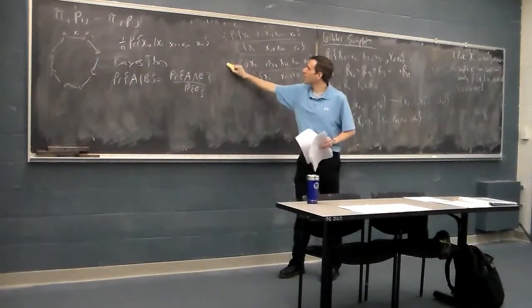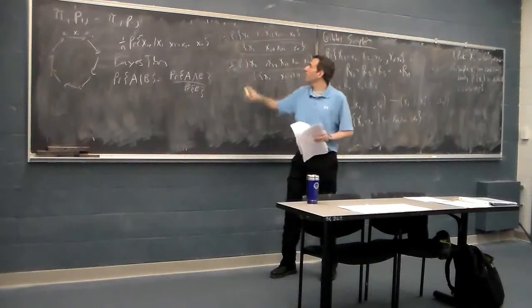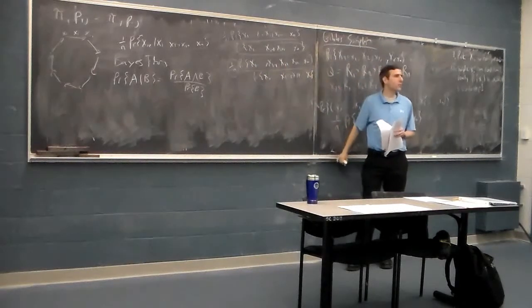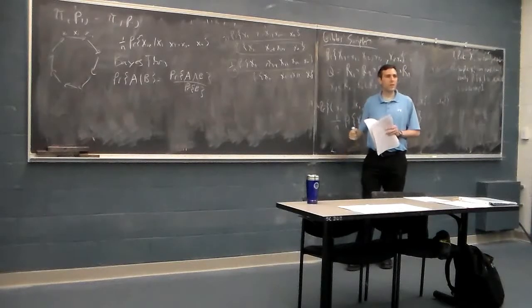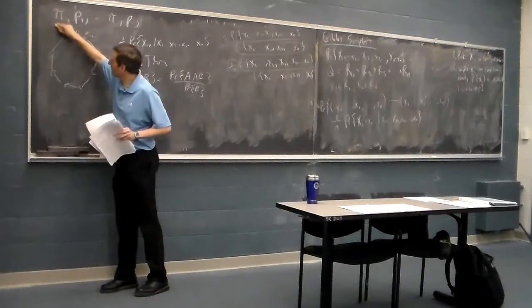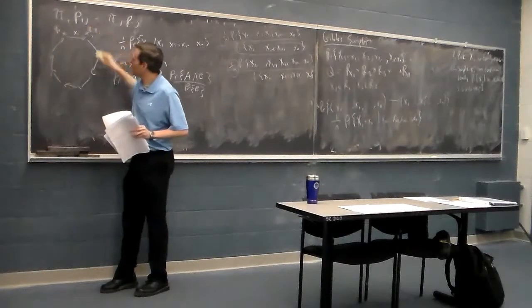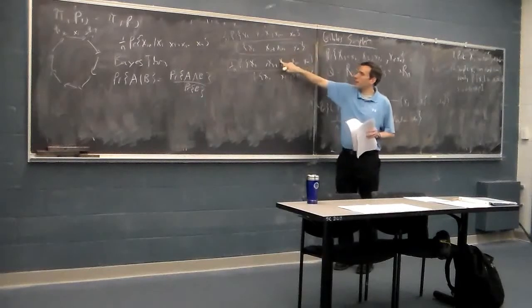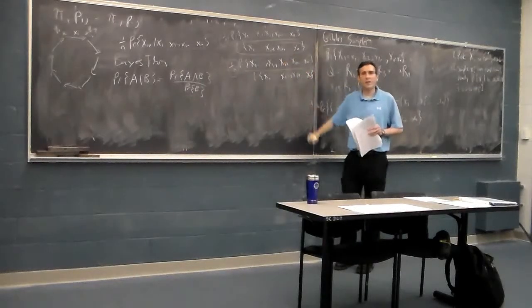Whichever way we go, we're going to get a 1 over n term. So the only thing we have to worry about are these values in the numerators, which are simply the joint density of the entire state here. So if we call this Q1 and this Q2, we've got a factor of pi 2 here, pi 1 here.